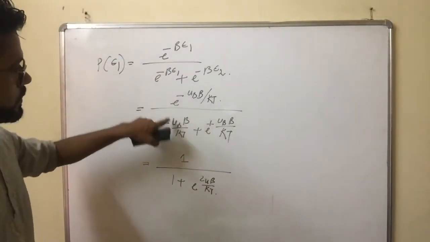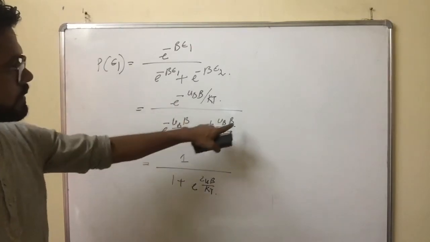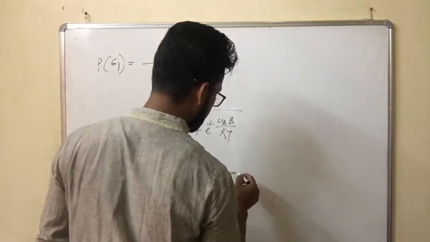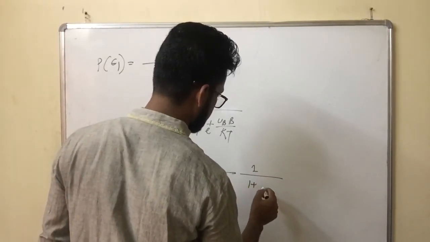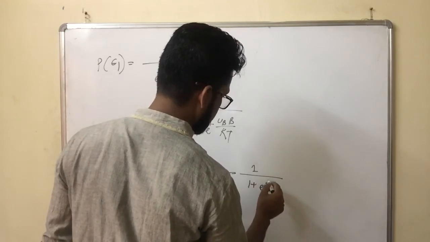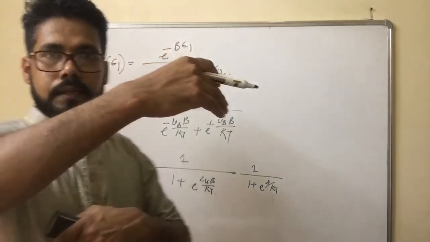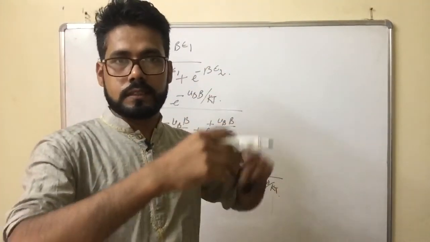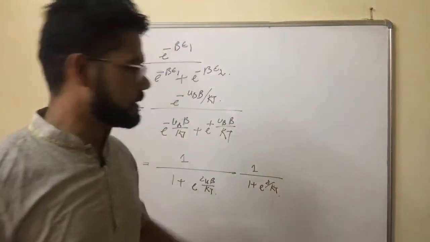Divide this term, it will be 1, and the other will be reversed. This you can simplify as 1 plus e to the power delta by kT. Why am I writing delta? Delta is the energy gap between the two levels in the magnetic field, which is 2 mu B, and I replace it with delta.